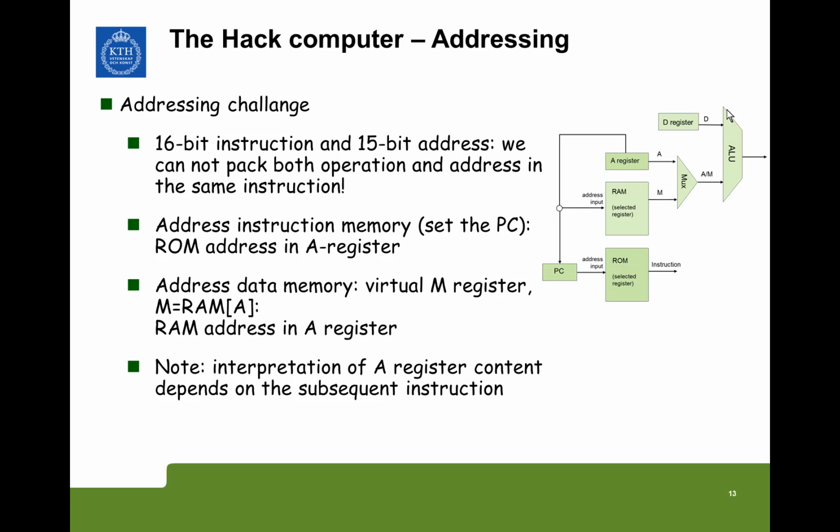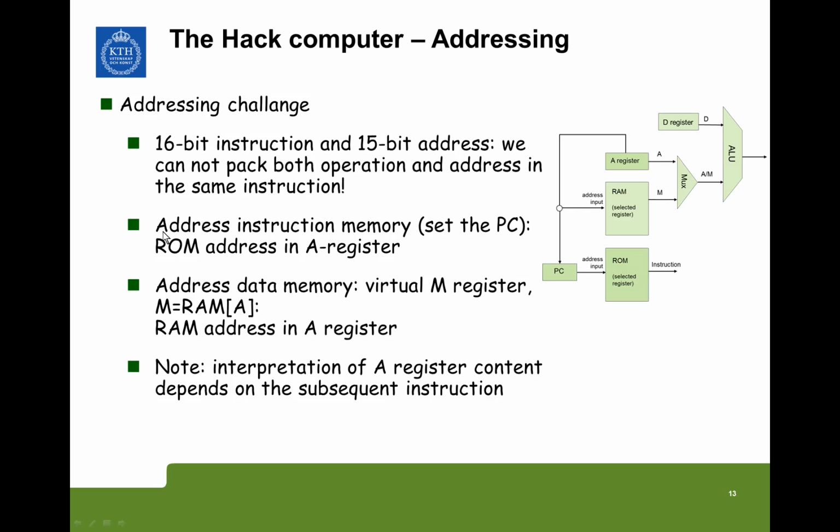Okay, some words about our addressing challenge. As we said, we design a 16-bit machine, which means that all instructions have to be 16 bits long. However, we have 15-bit addresses. It means that we cannot pack an operation and an address into the same instruction.